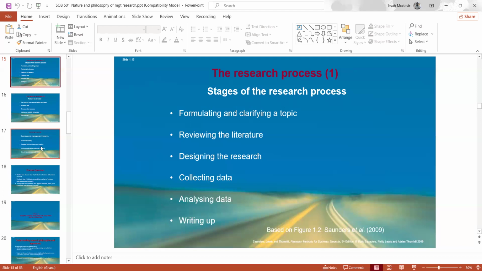Then the next step is literature review. You may not be the first to deal with the issue. There may be a lot of other authors in the past who have researched on the issue, either in terms of the theory or in terms of the practice. So as a researcher, one of the things you need to do is to find out what is known about the topic.